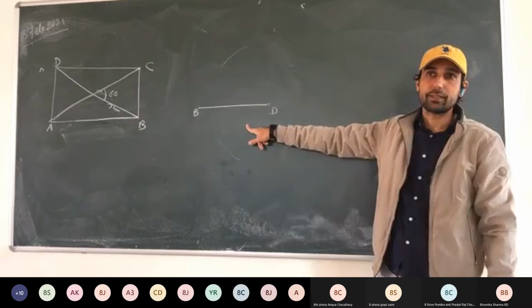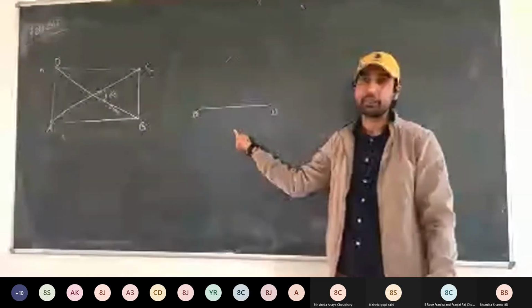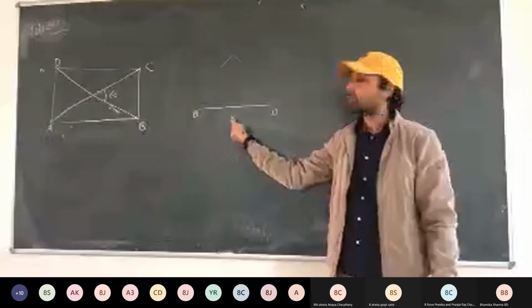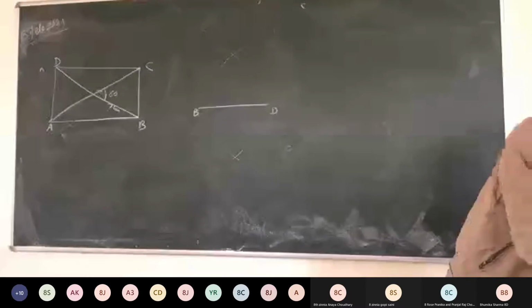Draw an arc with the same length from B as well. How to find the midpoint of BD? Draw an arc on either side. Now get the midpoint.